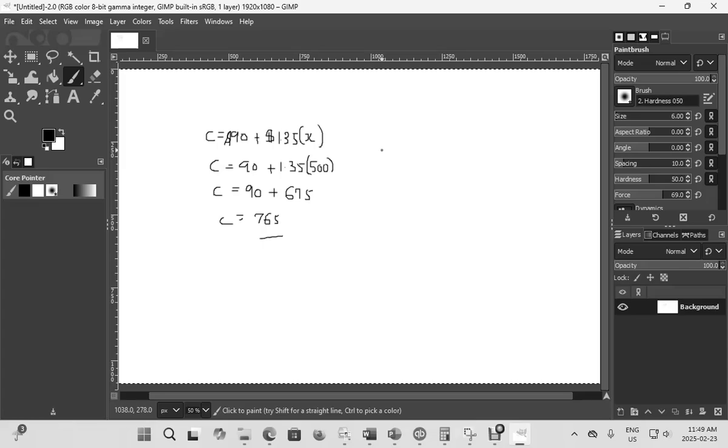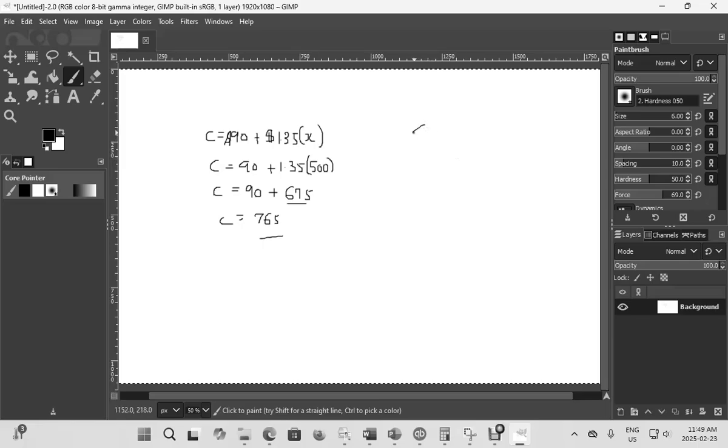We know the total number of pens is 500. 765 take away 90 gives you 675, so you have to remove the initial fee to figure out the total number of pens.